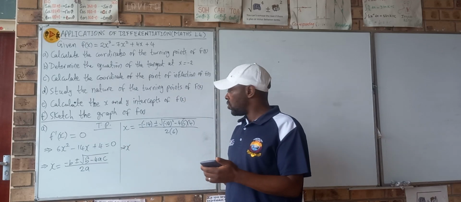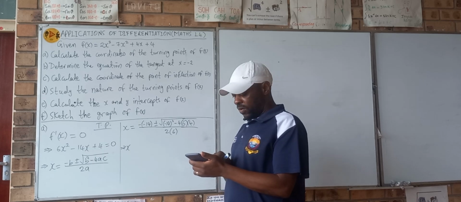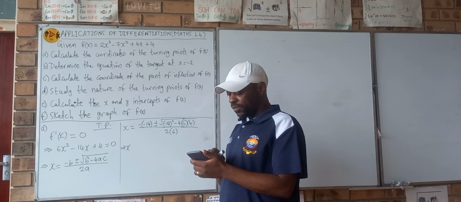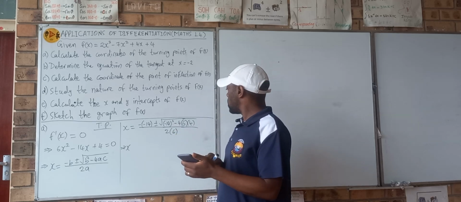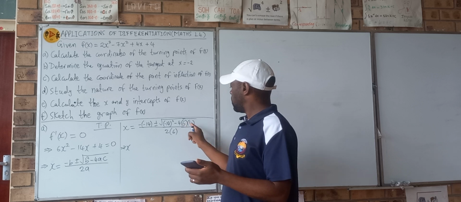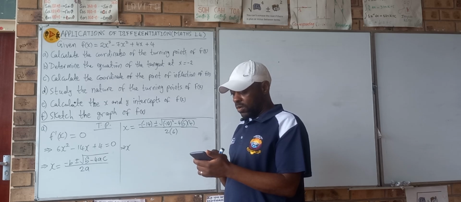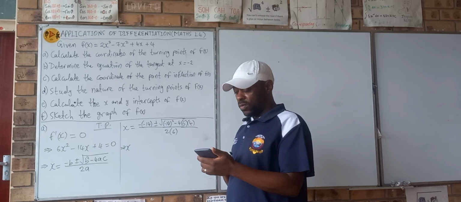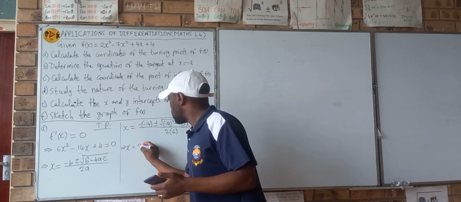So if I do my calculation, it means I'm taking 14, then plus the square root of -14 squared, this is 196, minus in bracket 24 times 4, bracket close, then I divide by 12, so that gives me a 2.